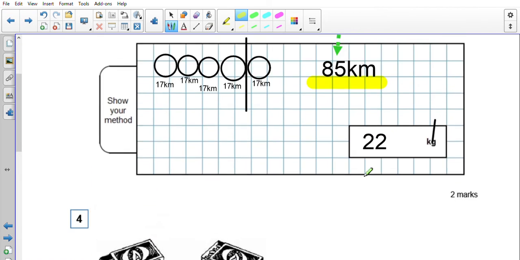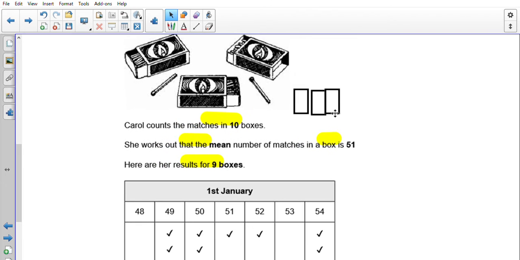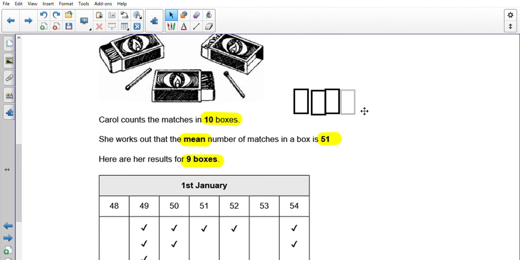Unsurprising. So, in a similar way to these, let's put in a matchbox. Let's have a little matchbox like that. Okay, so what this is essentially saying is that if they were all the same, the mean number would be 51 matches per matchbox, but she obviously has between, it looks like here, between 49 and 54.